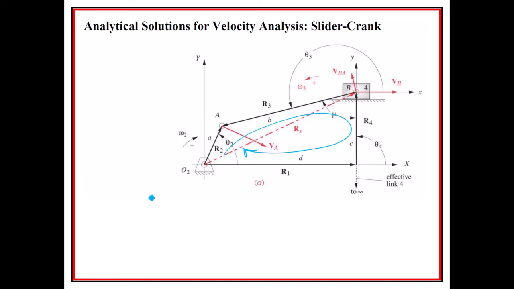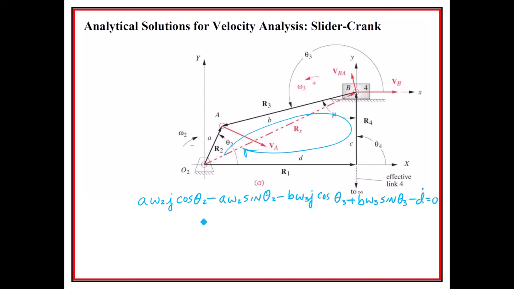After we went ahead and put the Euler identity in, we found a omega 2 j cosine of theta 2 minus a omega 2 sine of theta 2 minus b omega 3 j cosine of theta 3 plus b omega 3 sine of theta 3 minus d dot equal to 0.